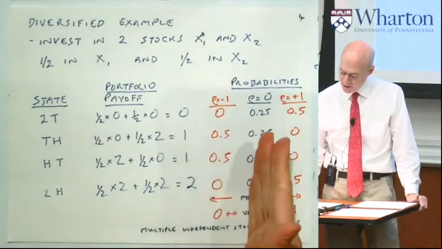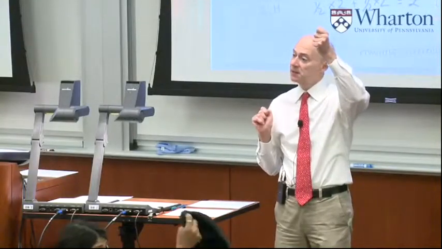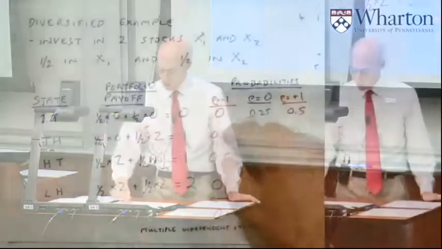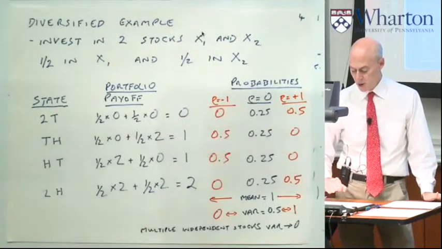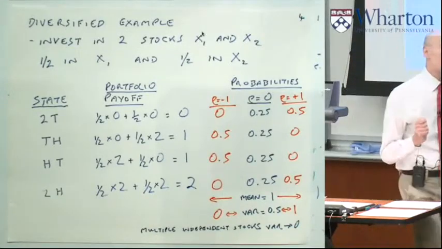Now, if we have a -1 correlation, that means when one's a tail, what's the other? Head, and vice versa. So now, all the probability weight is on the two states where they cancel out. So now what's the variance?